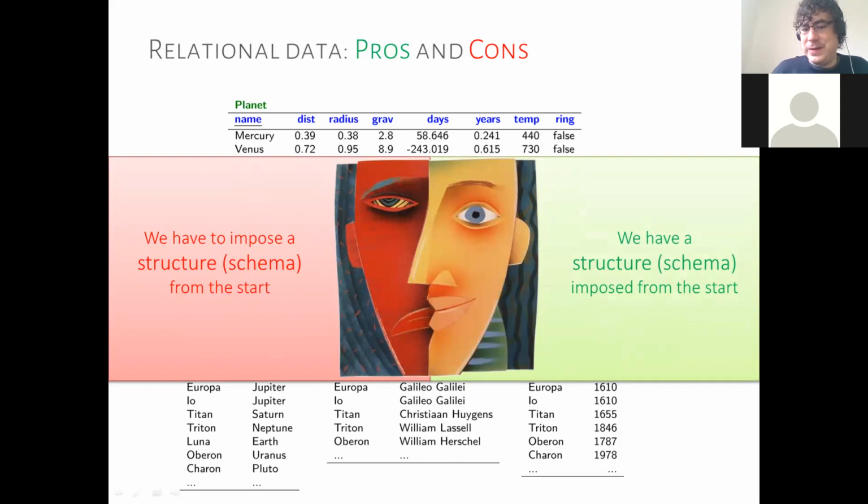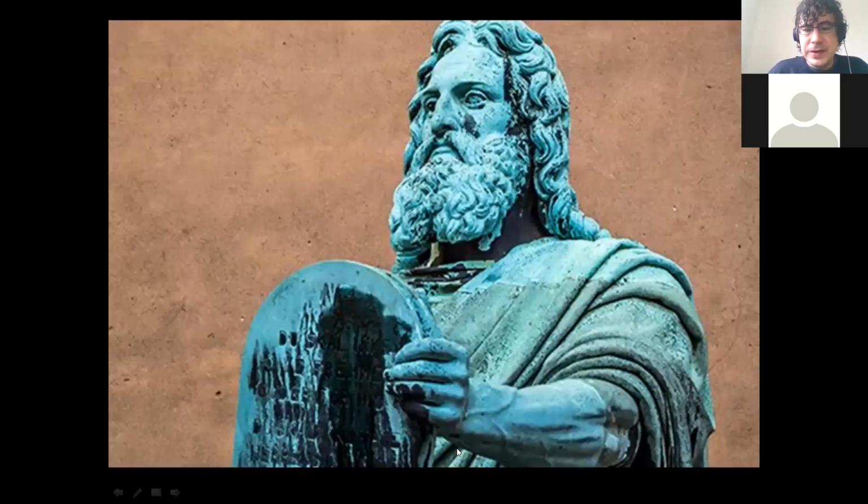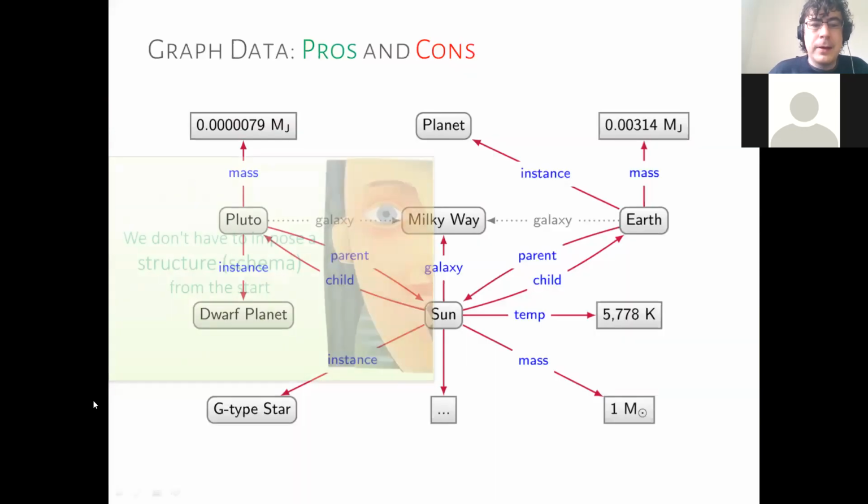Because we have to follow the definitions of the tables, the attributes of the tables, the keys, and so forth. So it's a sort of top-down approach: you define a relational schema and all your data must follow from that afterwards. So it's a more strict type of data model.